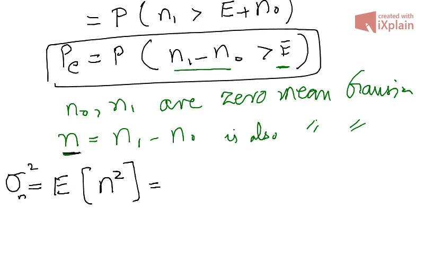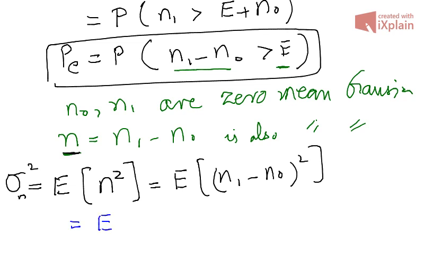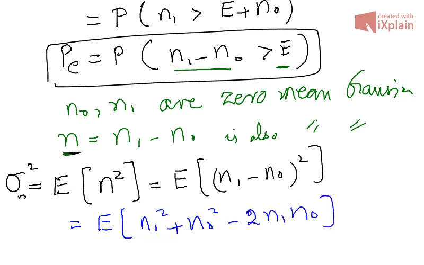So let me find out this second moment, and we can rewrite it as the expected value of n1 minus n0 whole square, right? If you solve it further, you can write it as the expected value of n1 square plus n0 square minus 2 times n1 n0.